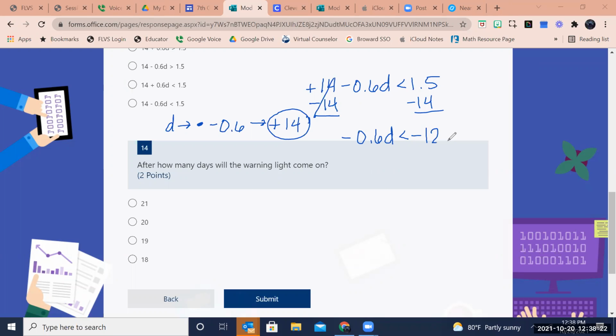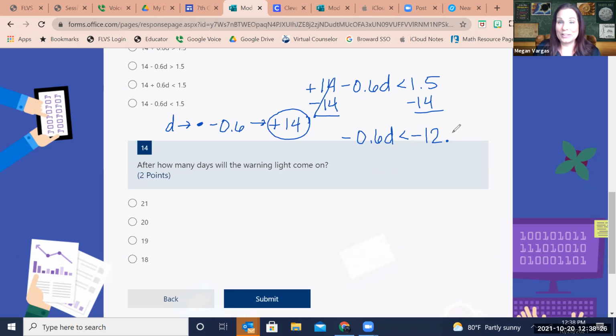13.5. Good guess. Negative 13. Good guess also. But it's 1.5, right? So yes, negative 12.5. Then the last step is to undo this. So I divide. 12.5 divided by 0.6.